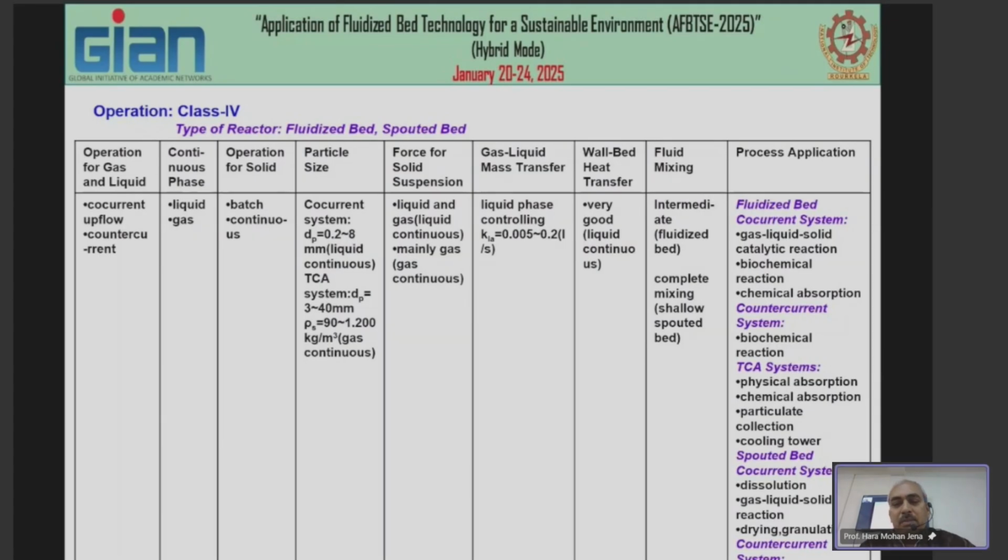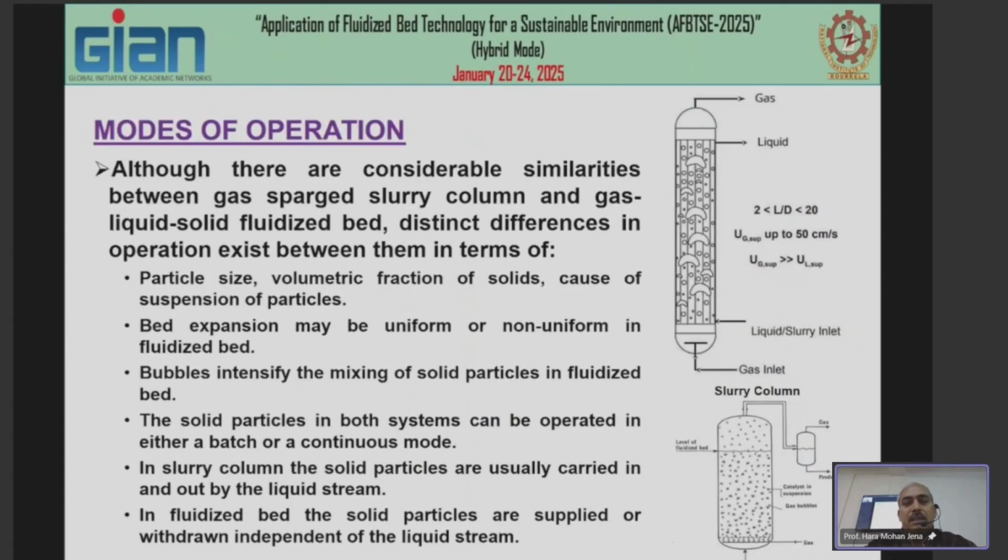And the spouted bed is co-current for the purpose of dissolution, gas liquid solid reaction, drying, granulation, and counter current systems are similar to that of the turbulent contact absorber. So these are the classifications of different types of reactors.